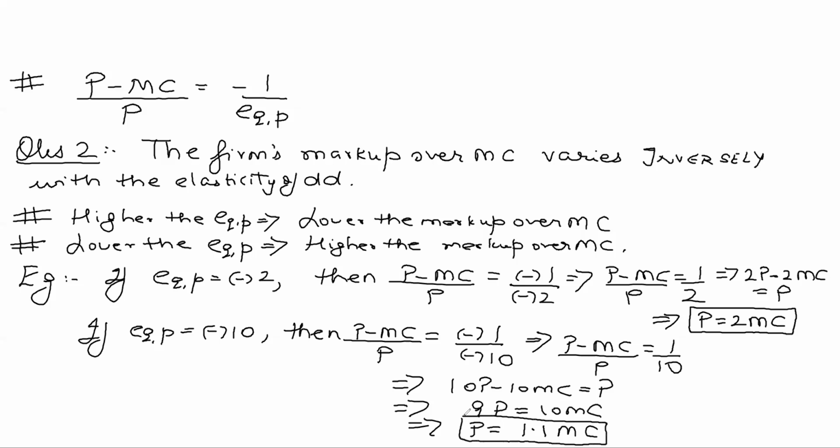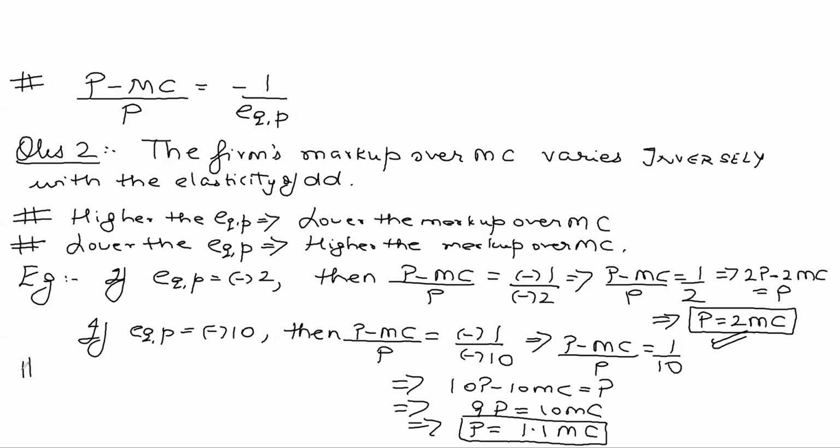So when EQP was -2, the price charged by the monopolist was double the marginal cost. When elasticity has gone up, now the price charged by the monopolist is only 1.1 times the marginal cost. That means your markup has gone down.